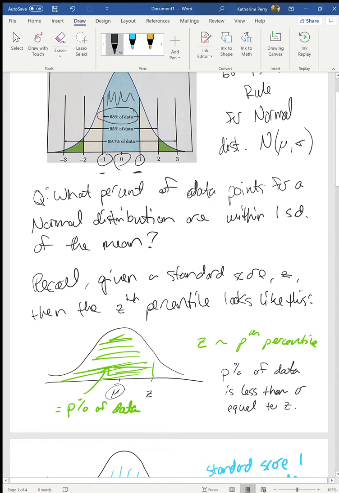So notice that this 84% accounts for everything to the left of 1, which means that this portion here is being counted, but I don't want to count it. But notice this portion here is exactly equivalent to the percentage of data that's less than or equal to this -1.